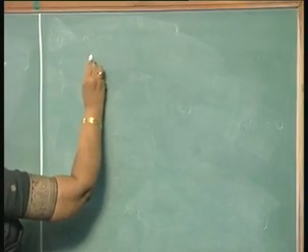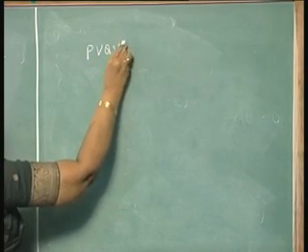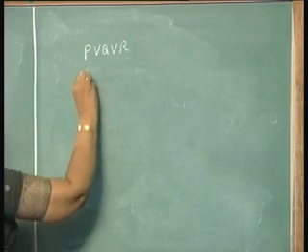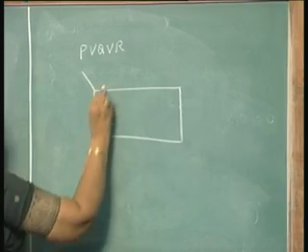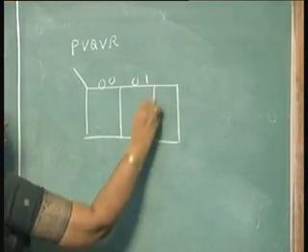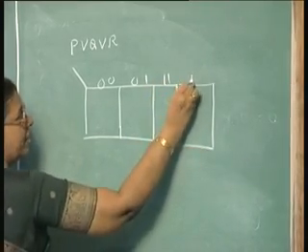For example, involving two variables P or Q or R, if you represent it, I again do not want to go into the details of what is meant by a Karnaugh map and all that. Those who are familiar can connect it up with this.